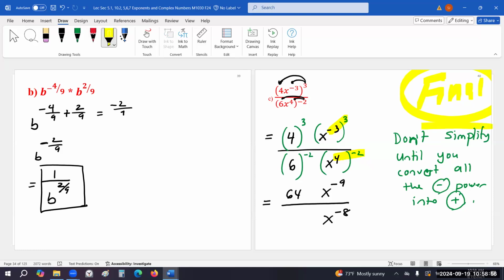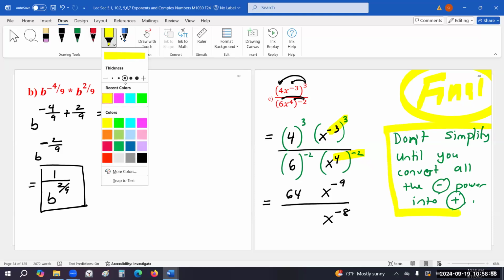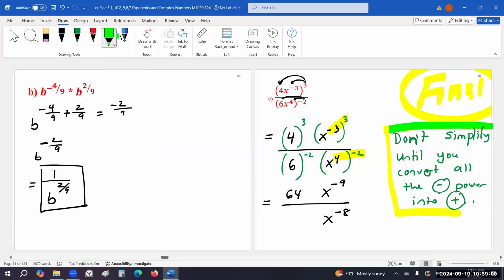And this rule, let me change the color actually. This rule is specifically true for this one. When you have a number with a negative power, don't try to do anything. Keep your number with a negative power.